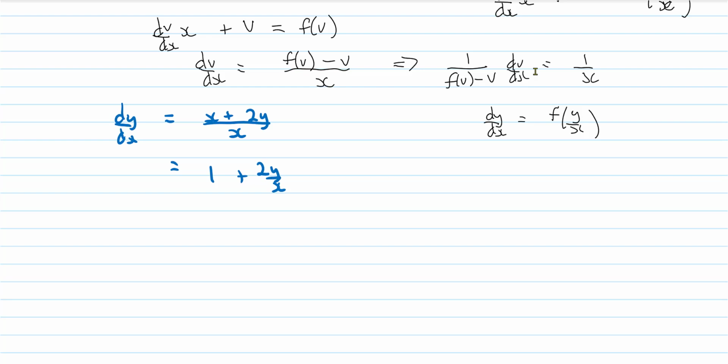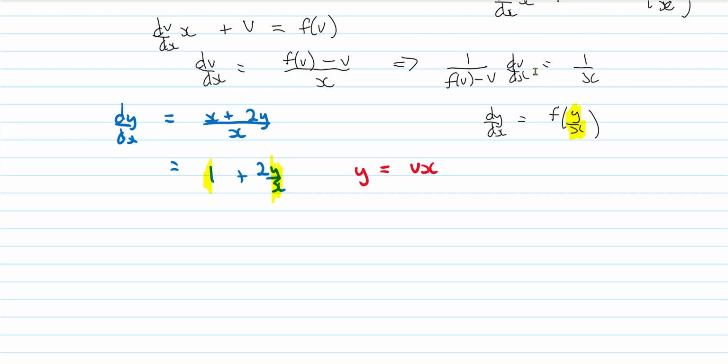So therefore, we're left with this y over x, with a constant here. So now dy by dx is a function of y over x, therefore we can solve by using this substitution. I'll write it in red here, y equals v times x.